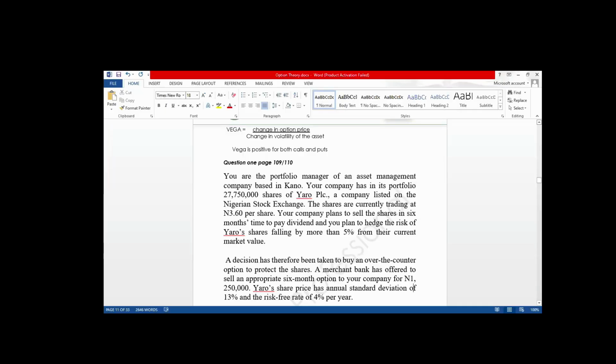If you are going to sell your shares in 6 months' time, what the share price will be, you are not sure. You now plan to hedge the risk of Yaro shares falling by more than 5% from their current market value.